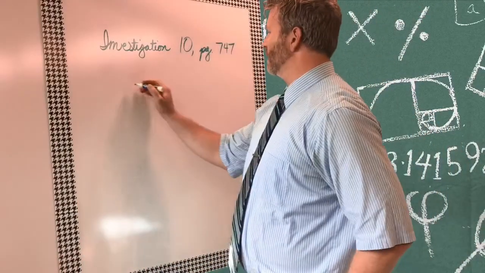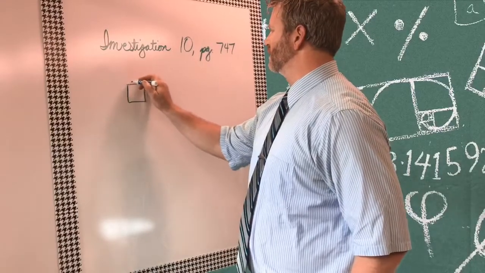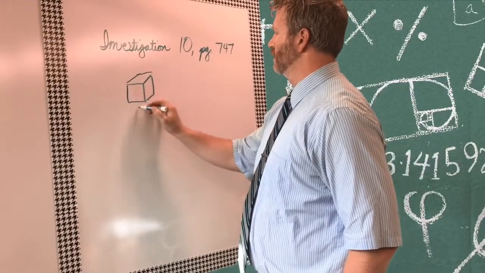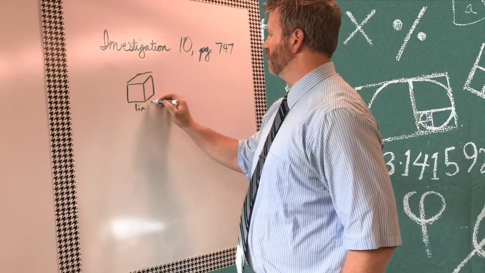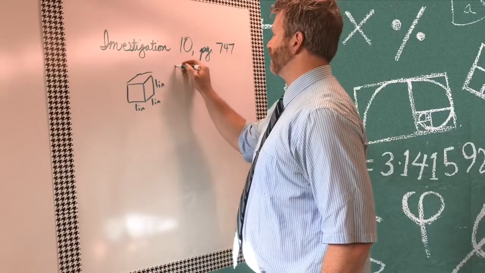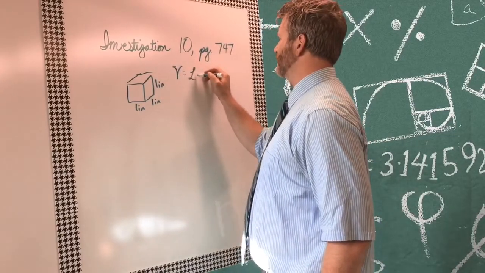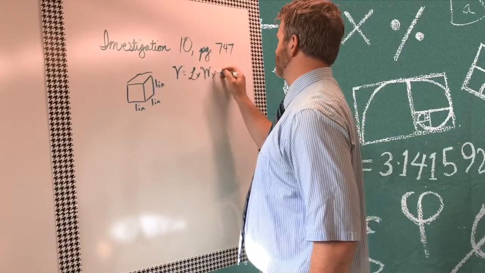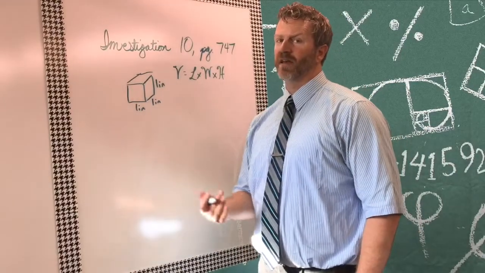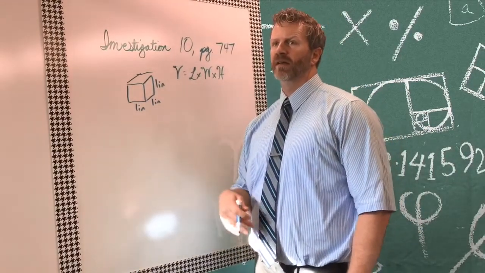So if we had a cube that was 1 inch by 1 inch by 1 inch, remember our volume is length times width times our height, right? So we're just going to multiply all these together. Length times width times height.